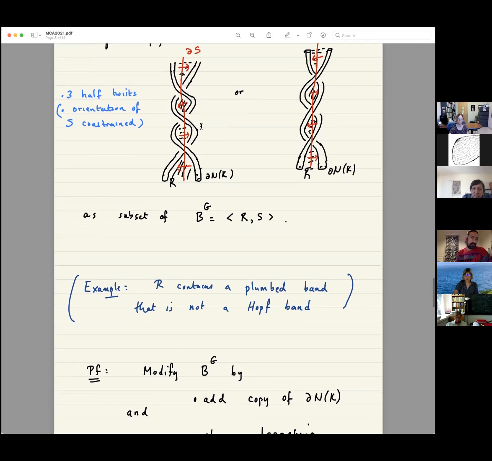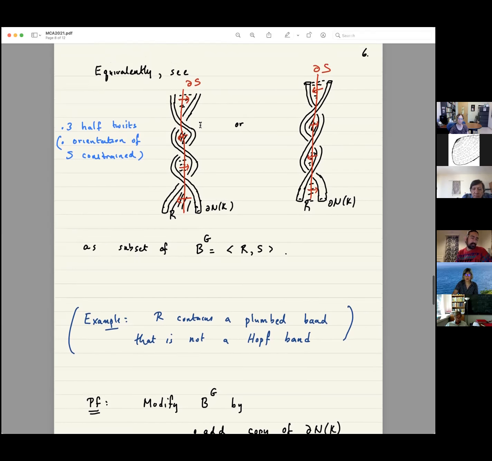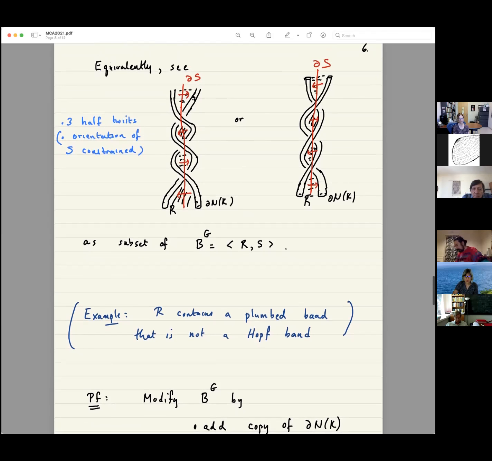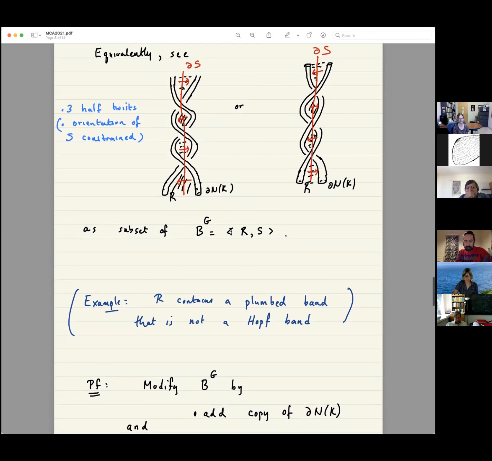One can construct foliations that realize all possible slopes except for the meridian, that's naturally pictured in this picture right here.